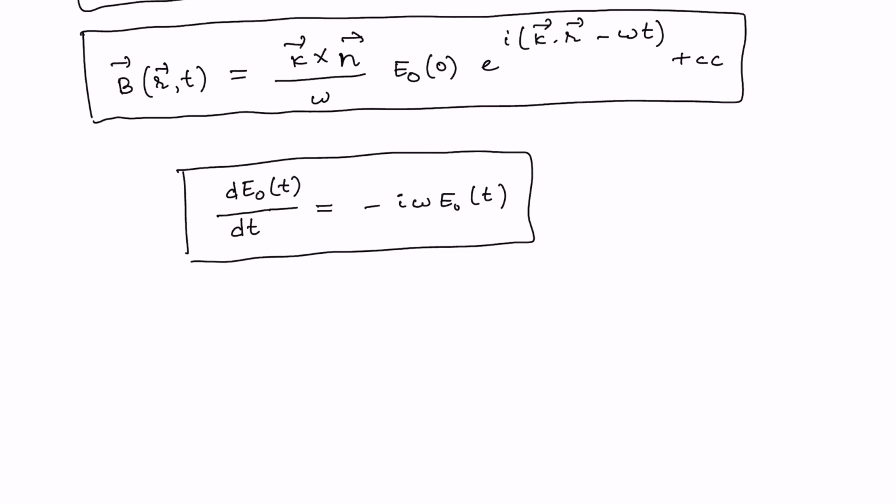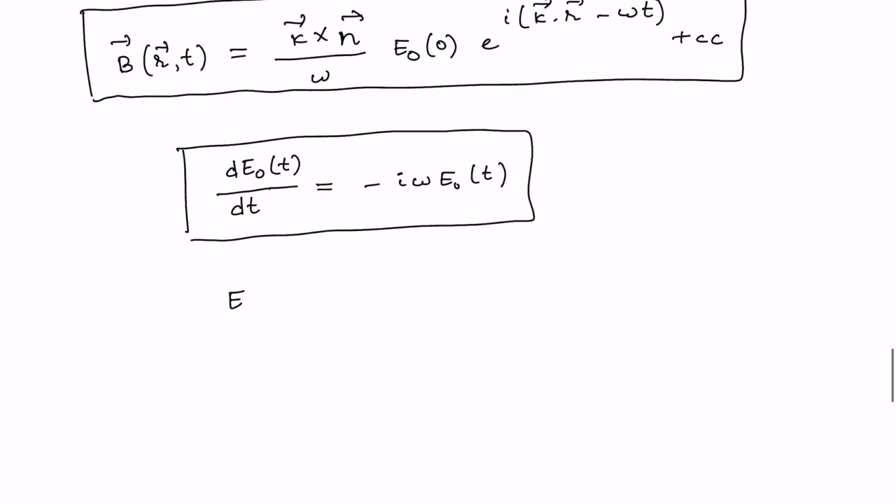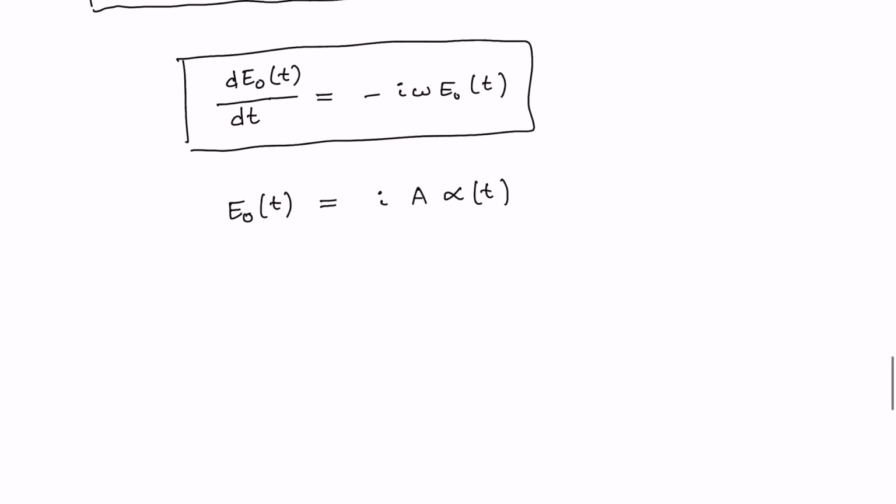so let me now take E0 of t, which is the complex amplitude of the electric field, as i into A, where A is a constant, and alpha of t, which is a dimensionless normal variable. If I take E0 in this form, from this equation I will get an equation for this dimensionless variable alpha.